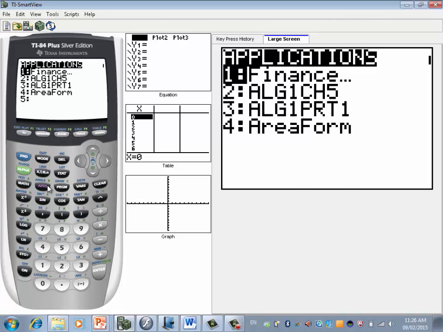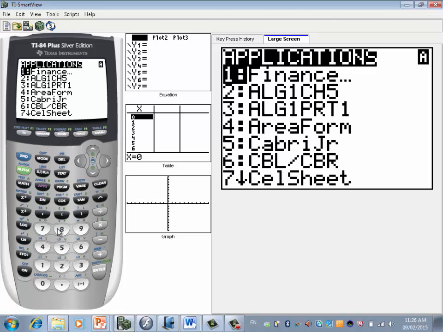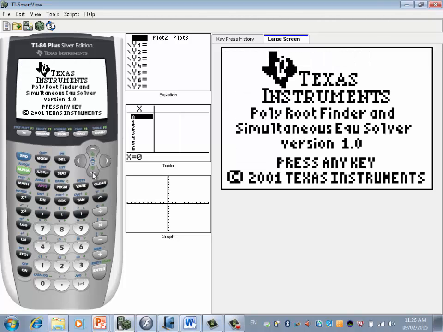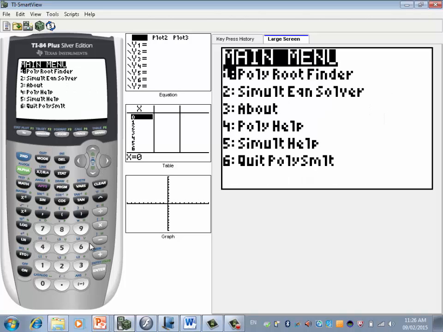Again, apps. Mine is Polysmlt 1, version 1, but it's similar. Press any key. I look for poly root finder. Can you do the same now?